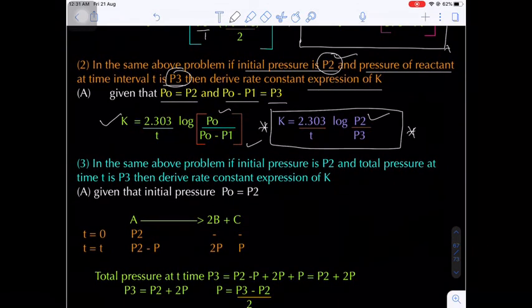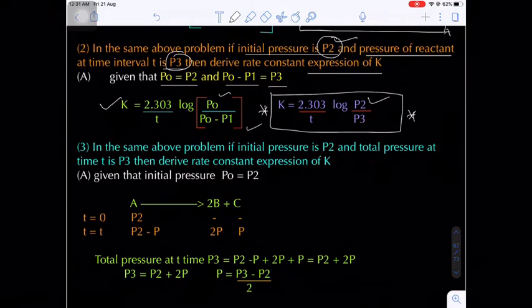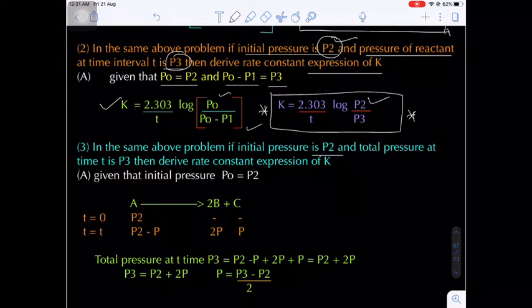Okay, now same question, in the same above problem, if the initial pressure is given as P2 instead of P0, and the total pressure is given as P3 at a time interval T, then derive the rate constant expression. Now here once again, the initial pressure of reactant is P0, but in this question it is given as P2.